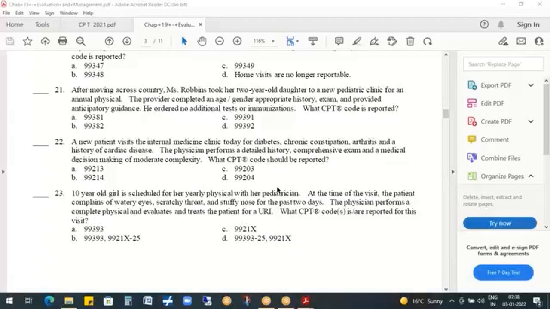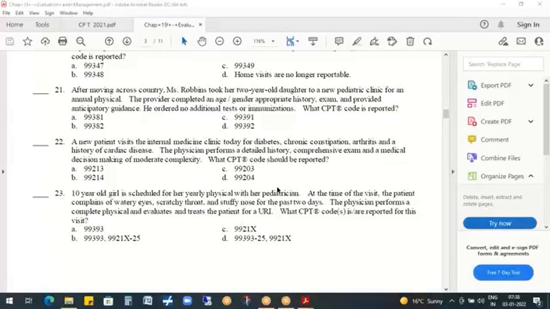Now, 99381 to 87: what did I say, new patient or established patient? New patient. 99391 to 97: established. Now you can see: after moving across the country, Miss Robbins takes her 2-year-old daughter to a new pediatric clinic for an annual exam. New pediatric clinic. Is she an established patient or new patient?